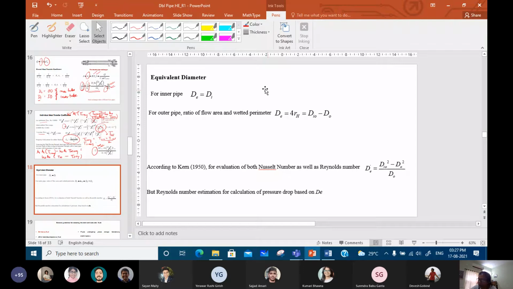This refers to the ID of the outer pipe, and this refers to the OD of the inner pipe. So you can use this as the hydraulic diameter.